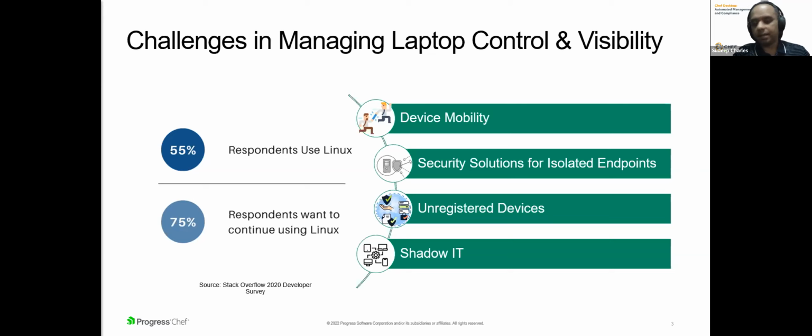IT administrators typically don't have visibility into all the programs and all the devices that are running on systems, right? So just trying to verify what's essential and what's not, what can be certified by IT and what can't, is in itself a task, right? And that itself is something that Chef Desktop resolves quite a bit, and we'll see how. Then, of course, there's unregistered devices, right?